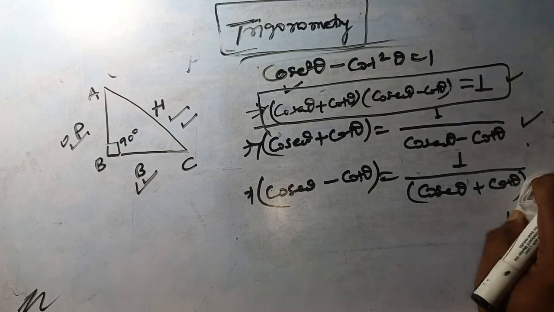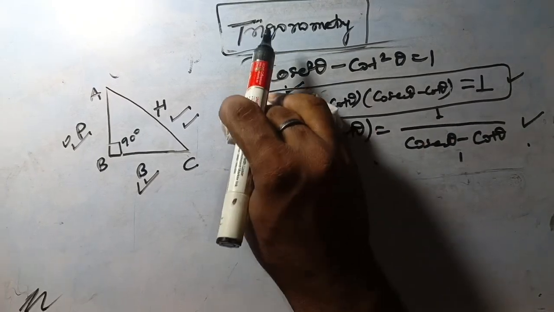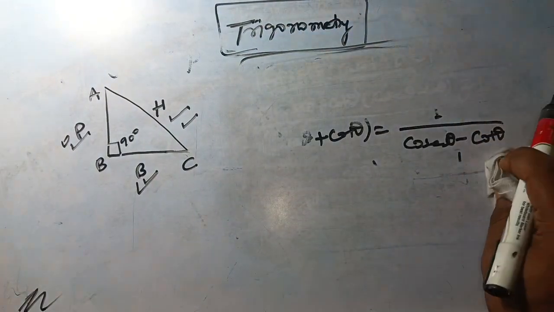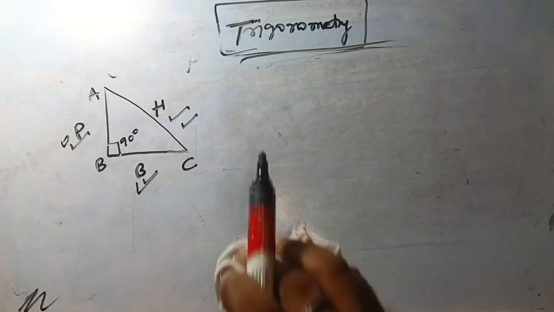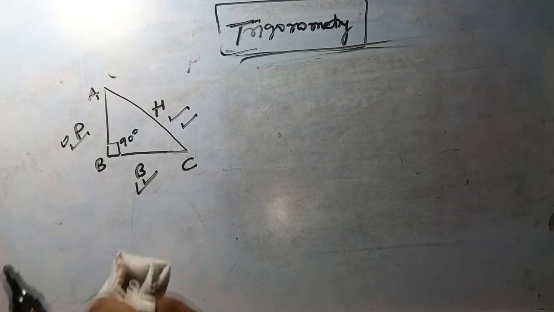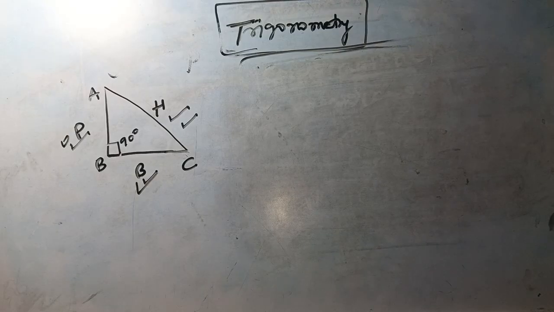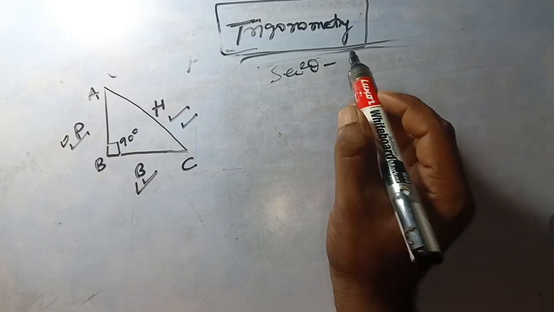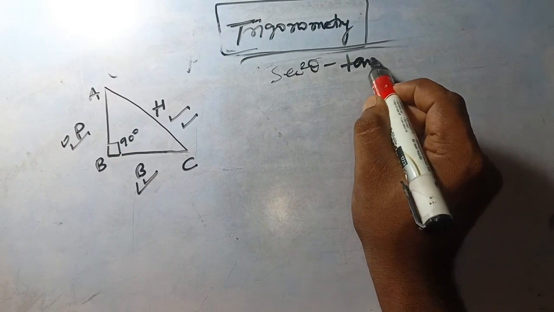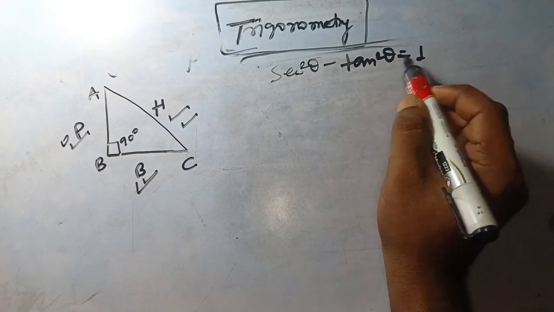Now let's talk about one more formula, and I won't prove this formula. I want you to prove this formula. Let's talk about sec square theta minus tan square theta. It is also equal to 1.